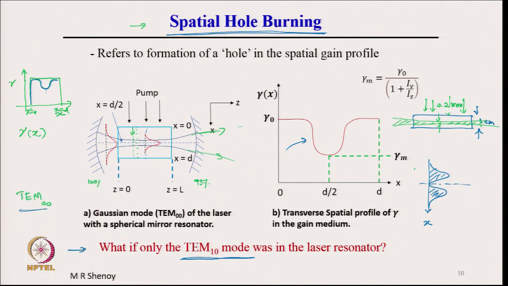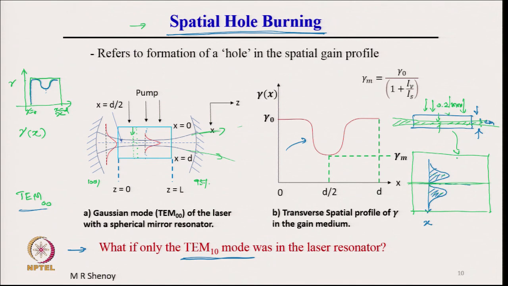Again with a different color, this is the box, the medium, which I have magnified here. This is the same medium, and this is the profile of the beam which is going back and forth. Note that there is no depletion of gain here in the midpoint, because the intensity has gone down to 0, but the intensity is high on both sides. So, what kind of profile can we expect?